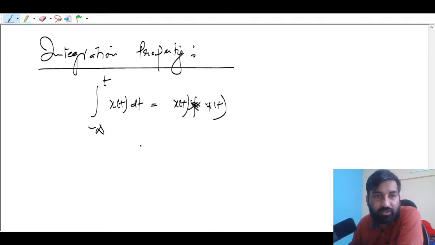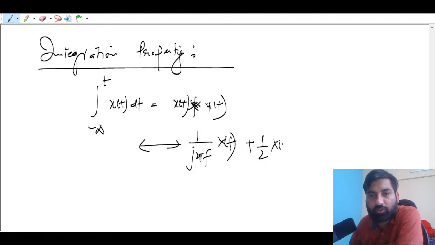So the Fourier transform in the f domain is going to be 1/(j 2 pi f) X(f) plus 1/2 X(0) delta(f).